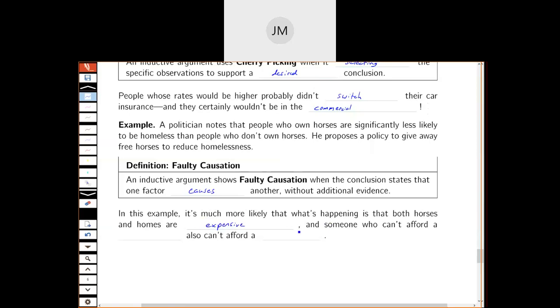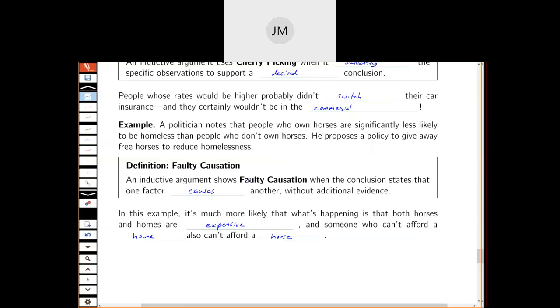And someone who can't afford a home also can't afford a horse. So that's probably why homeless people don't have horses. So it's not owning a horse that's keeping you in your home. It's having a lot of money in the first place. Okay, so that's an example of faulty causation.